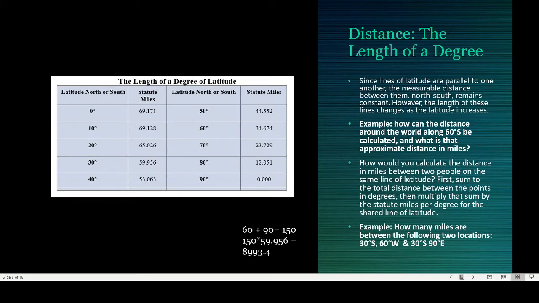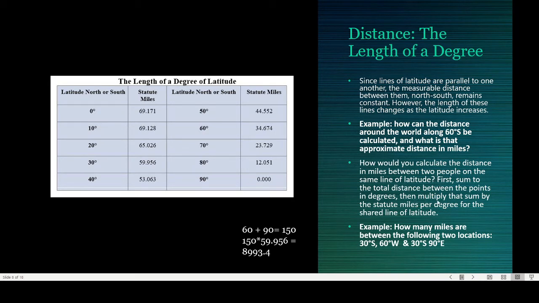For our first step, it says sum the total distance between the points in degrees. So we're going to sum only the longitude coordinates. We add 60 plus 90, which gives us 150.